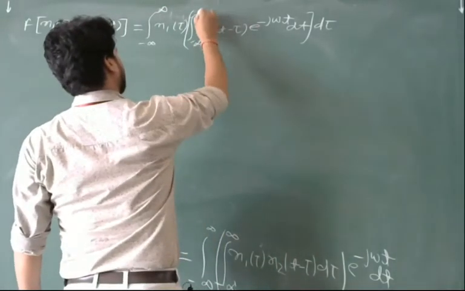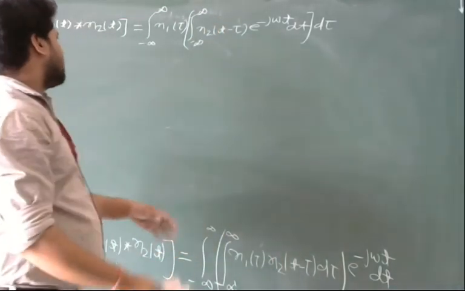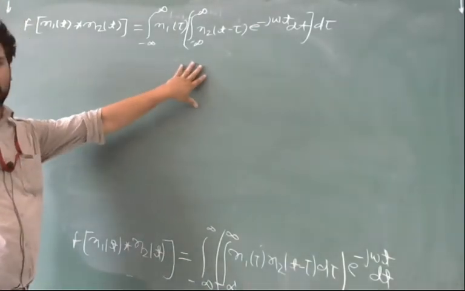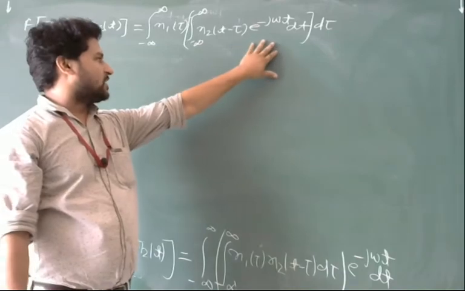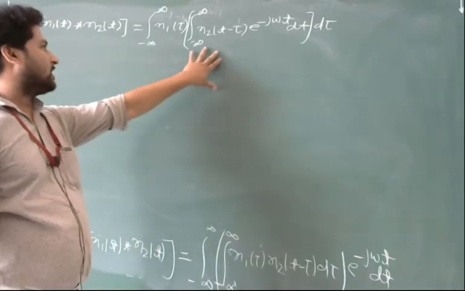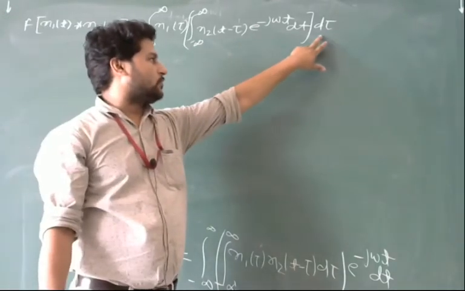The limit is from minus infinity to plus infinity. Changing the order of integration means first we will integrate this term with respect to t, then we will integrate the total term with respect to tau.